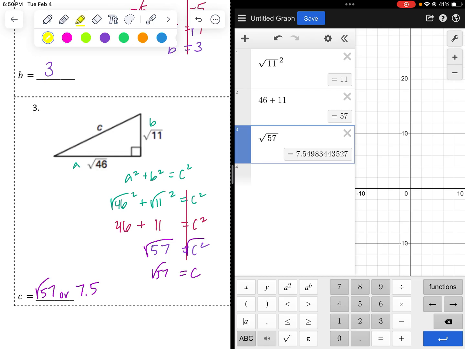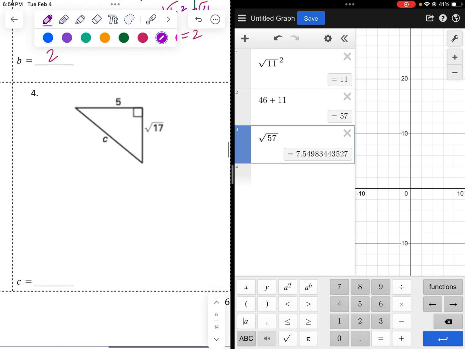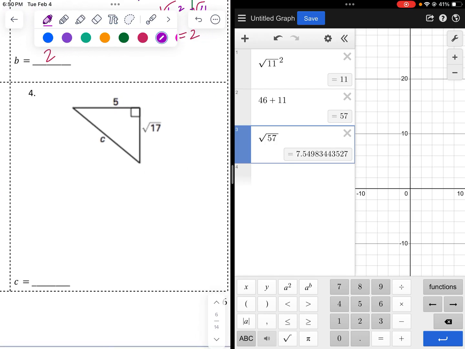All right, let's try the last one, example 4. Looking at my triangle, across my right angle is my c, and I'm left with a and b. I have a squared plus b squared is equal to c squared. a is 5, so I have 5 squared plus b squared, which is the square root of 17 squared, is equal to c squared.